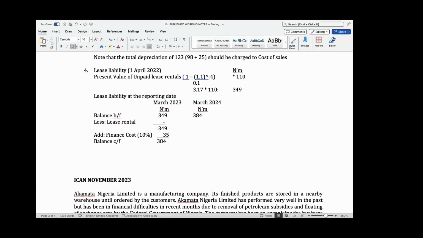So, and for this second year, our rent is how much? 110, giving us a balance of how much? 274.